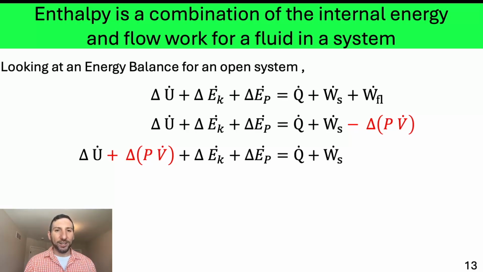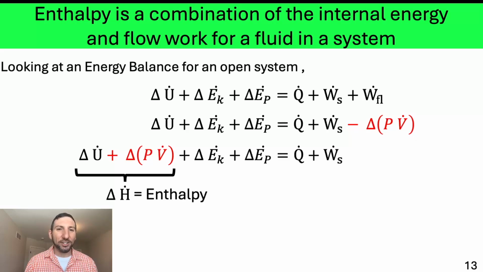Now that change in internal energy plus your flow work term, those two can actually get combined together. And that combination is the new term. It is an enthalpy term. So it's the combination of internal energy and flow work. And that is the term we would be using when we have an open system, because an open system is going to always have flow work.